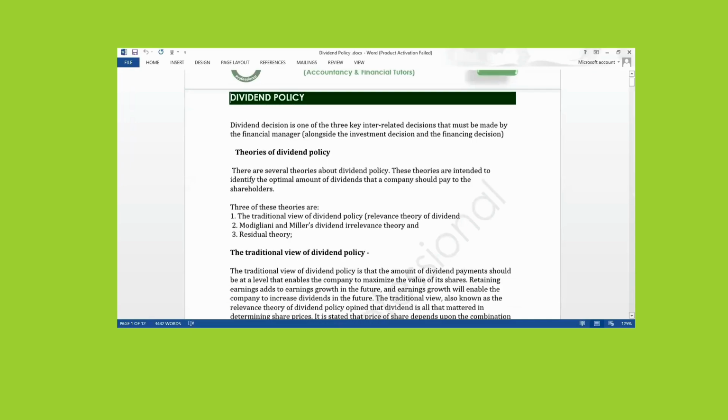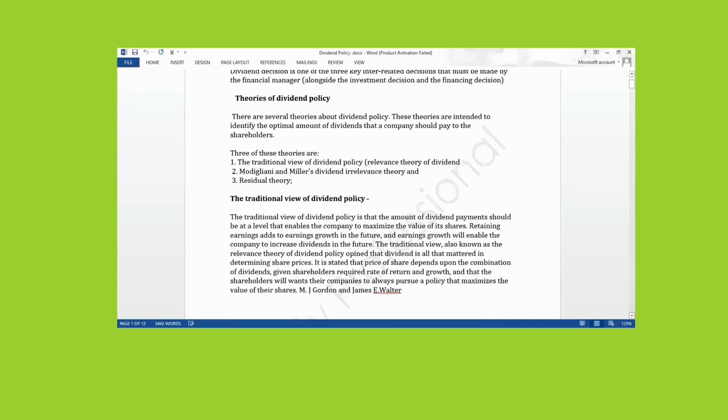Look at this. The traditional view of dividend policy is that the amount of dividend payment should be at a level that enables the company to maximize value of its shares.